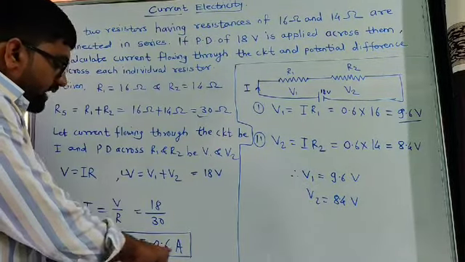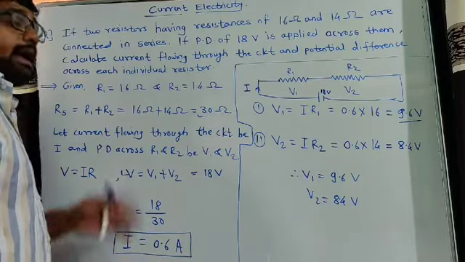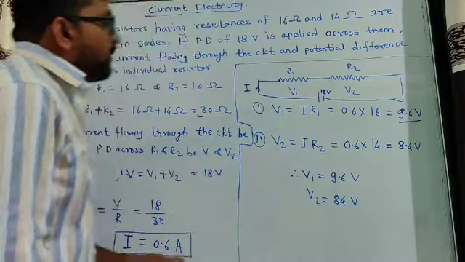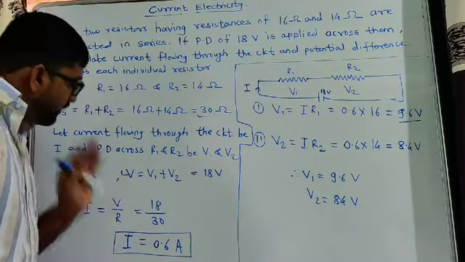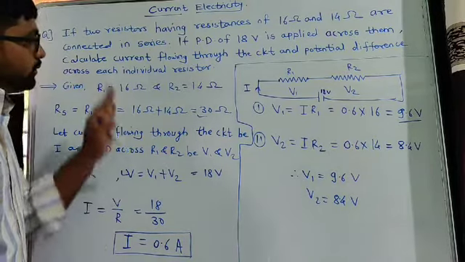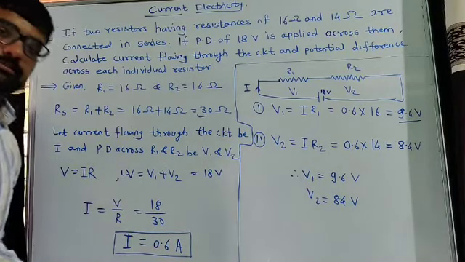First of all, we have to calculate the value of current, and second, we have to calculate the potential difference across each resistor by simply using Ohm's law, V is equal to IR.